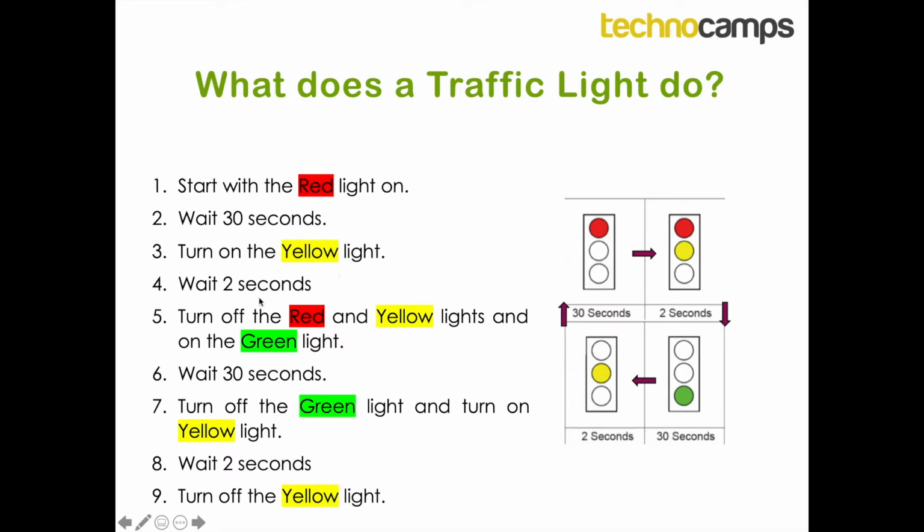So that's one way of looking at how a traffic light behaves. We could also write it out as a series of steps. Maybe that's easier to think about. So on the left I've got a series of steps that match this picture on the right.